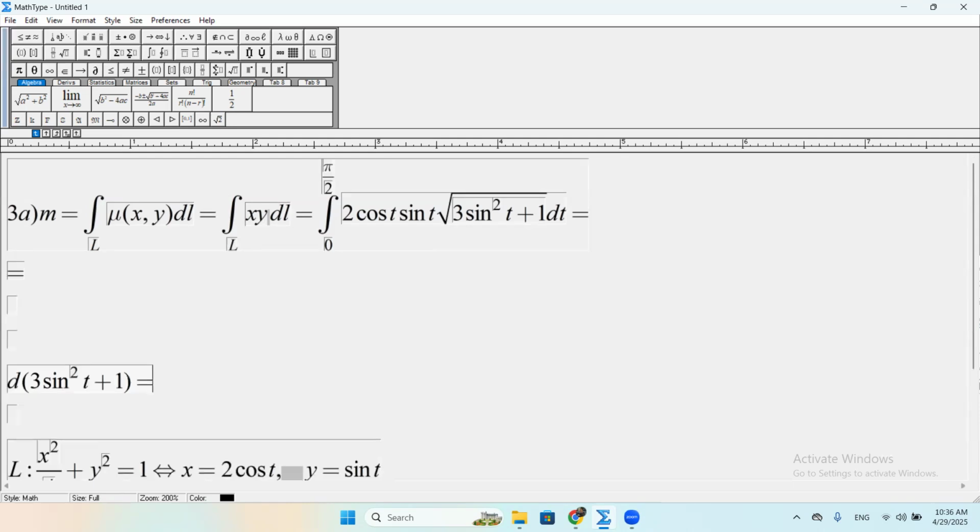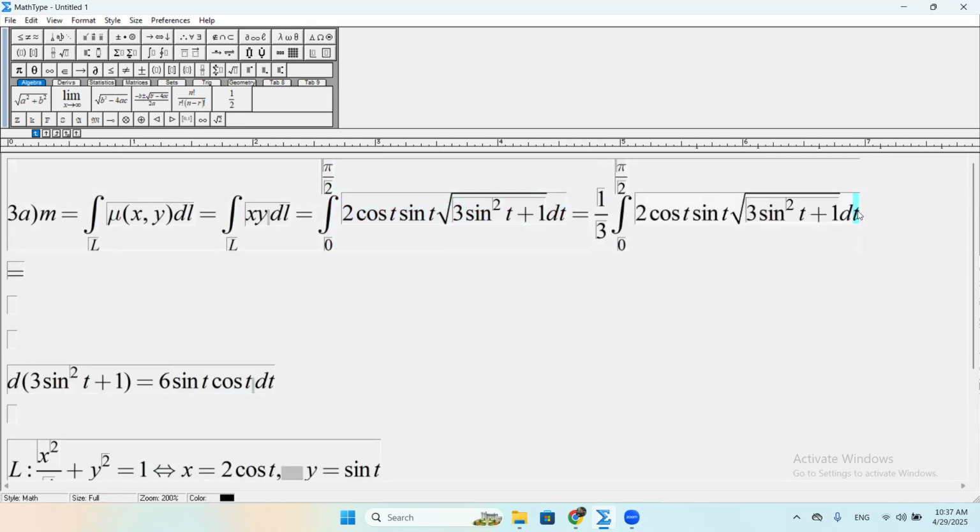If I differentiate this expression, I will receive 6 sine of t cosine of t dt. So actually this is similar to the differential of this expression. So we have 1 over 3 and the differential of this expression.